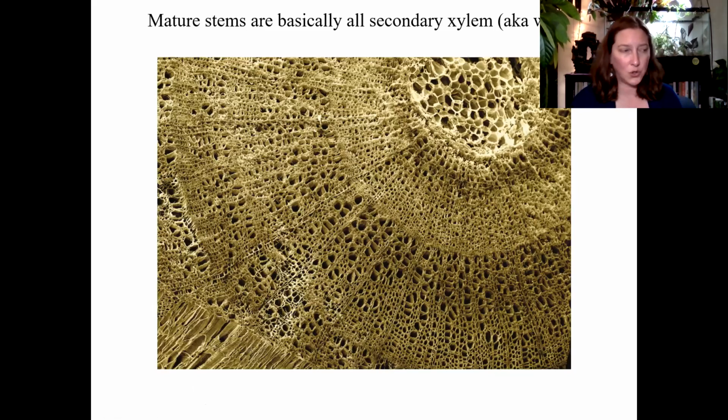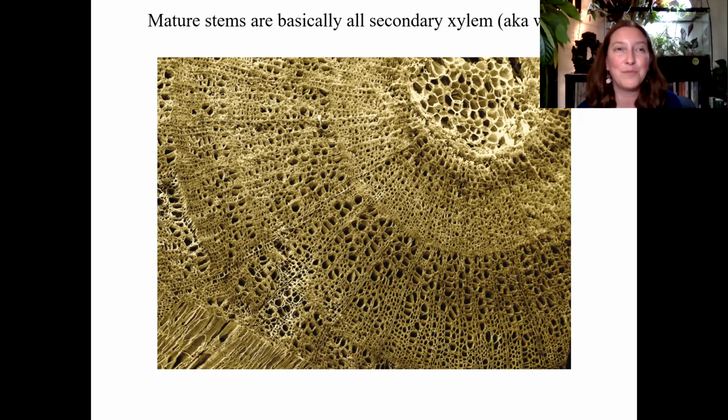Once you get into a huge giant trunk, like the one I showed you of that person standing in front of that big trunk, if you were to cut down that tree and look at that trunk, pretty much everything inside of that trunk is just going to be secondary xylem at that point, aka wood. So if you have wooden floors at your house, or a wooden table, or wooden doors, or wooden chairs, all of those things are actually secondary xylem.